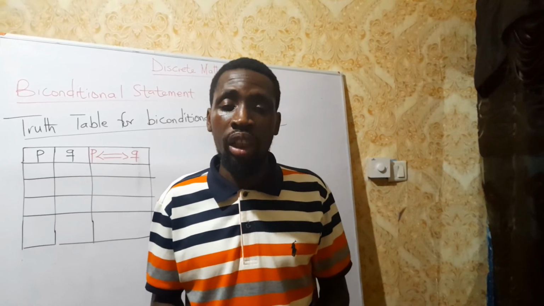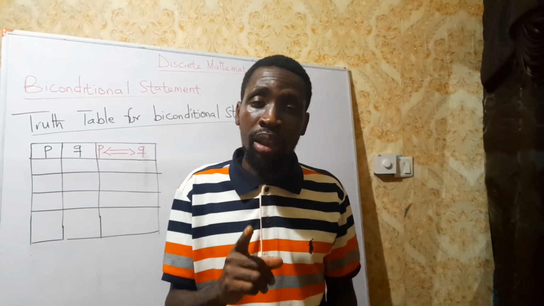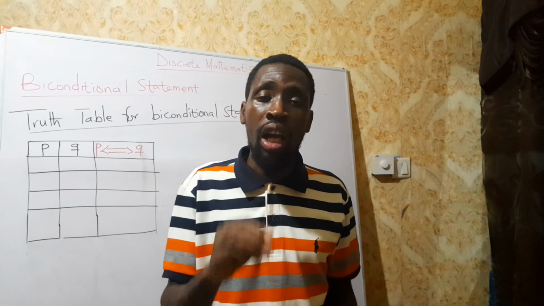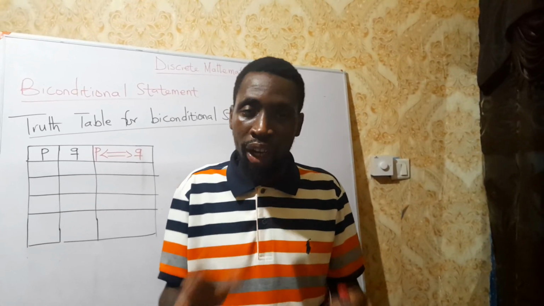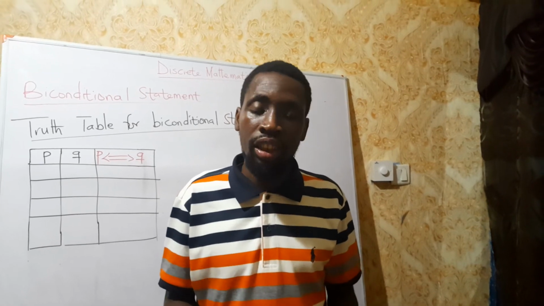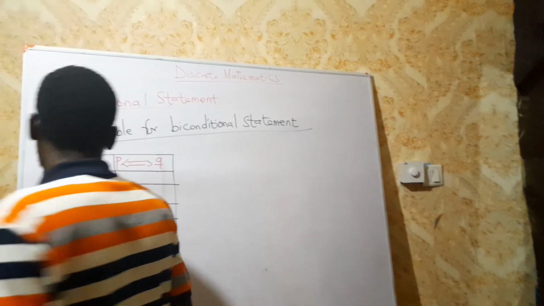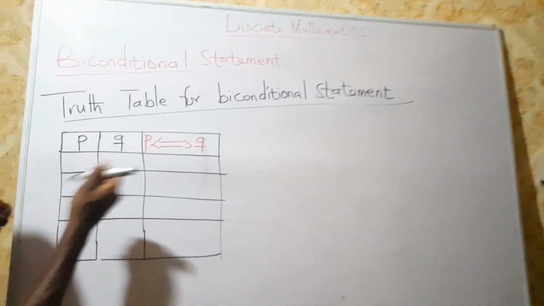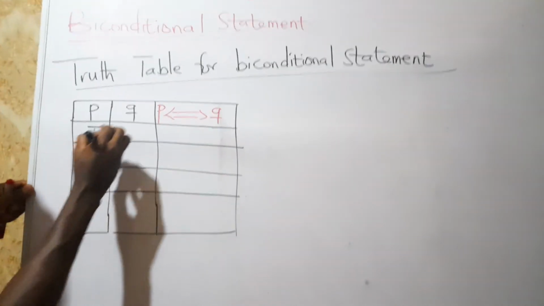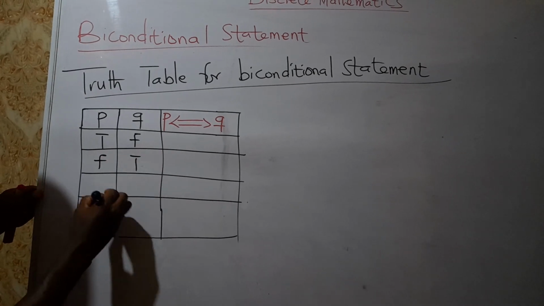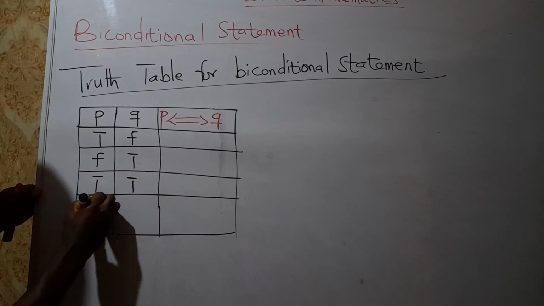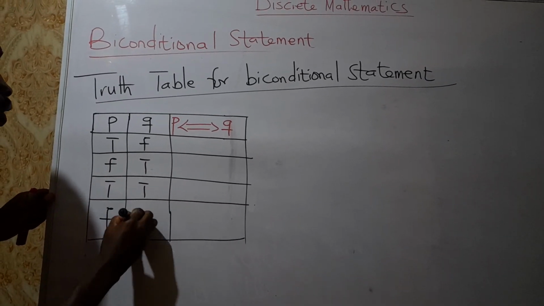Remember, we say that a biconditional statement is true if both the hypothesis and the conclusion have the same truth value. Other than that, it is false. So let's check. Let's say this is true, this is false, this is false, this is true: both are true, both are false.